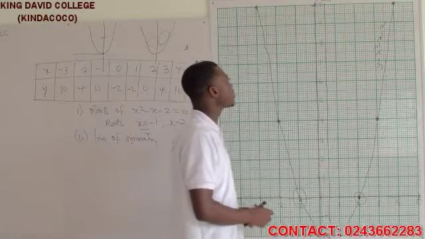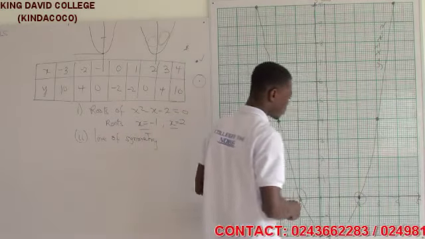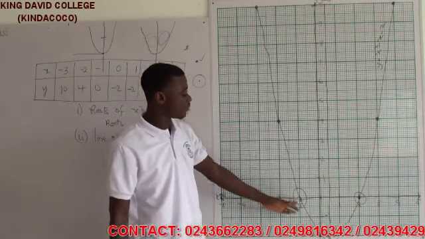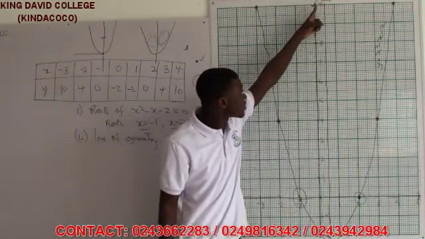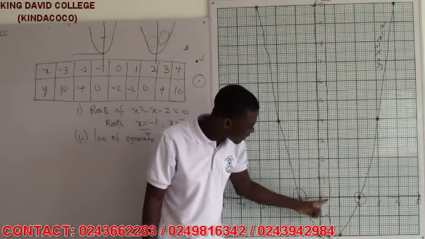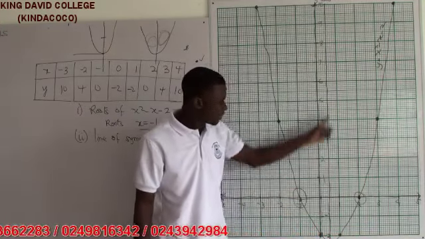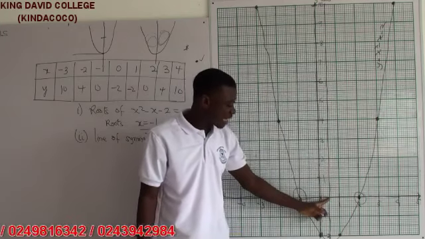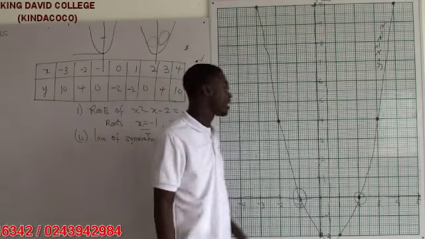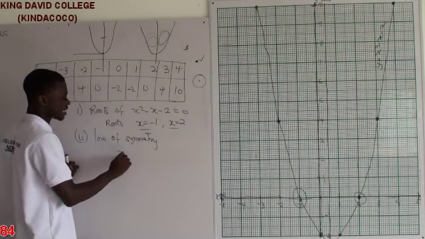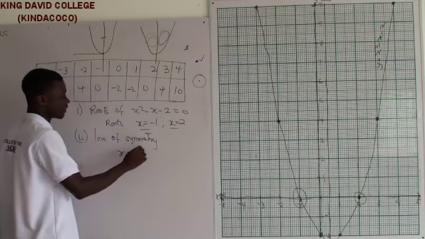So when you want to find out what the equation of the line of symmetry is, we'll just read this. You see this straight line here cuts the x-axis at 0.5. Okay? You can read it, and it cuts the x-axis at 0.5. Therefore, the equation of the line of symmetry is x is equal to 0.5.